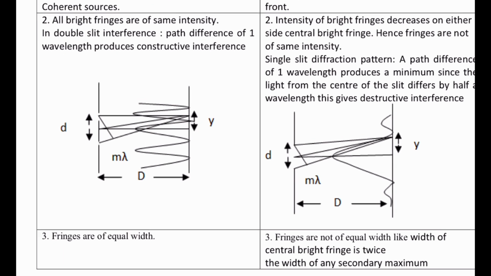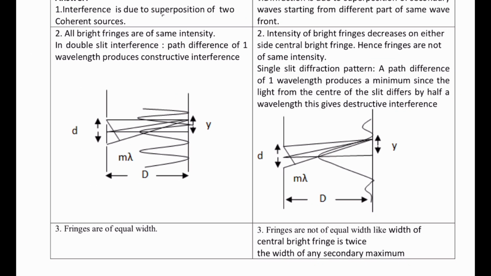Okay. So interference is due to the superposition of 2 coherent waves. Diffraction is due to the superposition of secondary waves starting from different parts of the same wavefront. Okay, first condition. Now second, all bright fringes are of the same intensity in the double slit experiment.